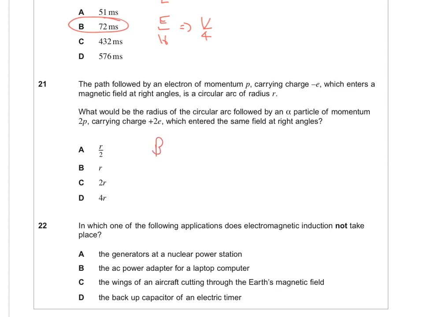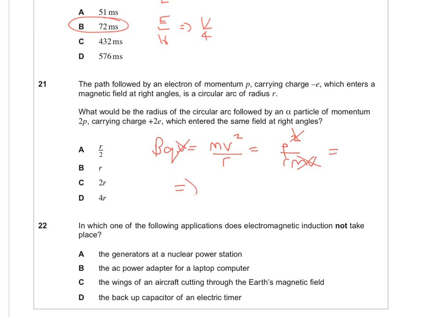So remember, what's happening here is your BQV is being equated to mv squared over r, which we can write as p squared over rm. But let's take the v across to the other side, so we can cancel the squared with this mv here.